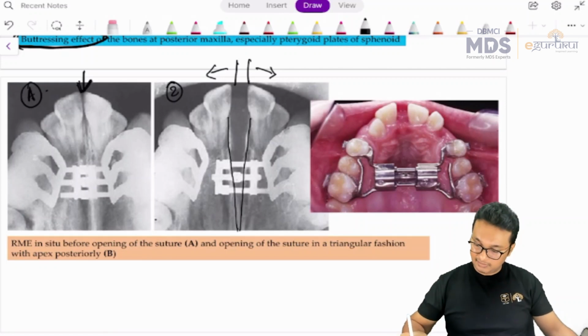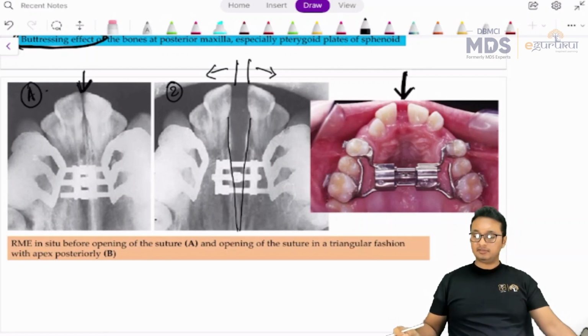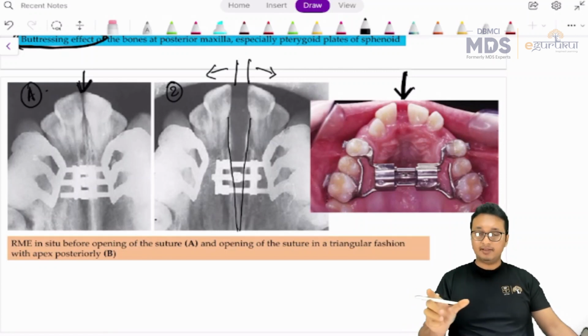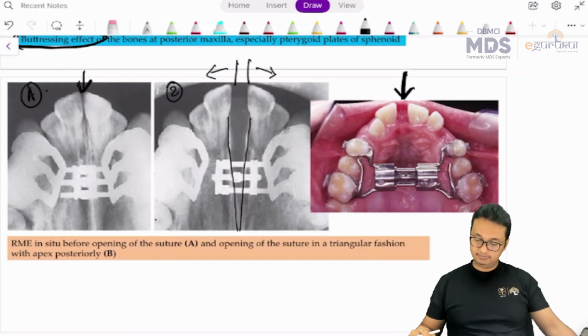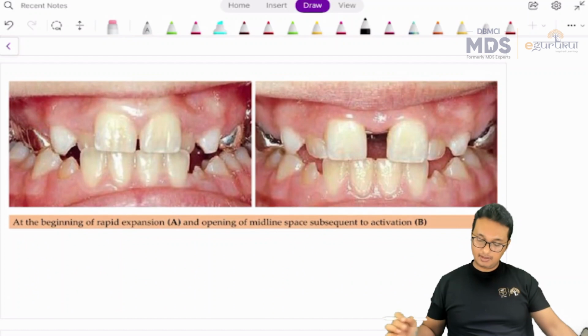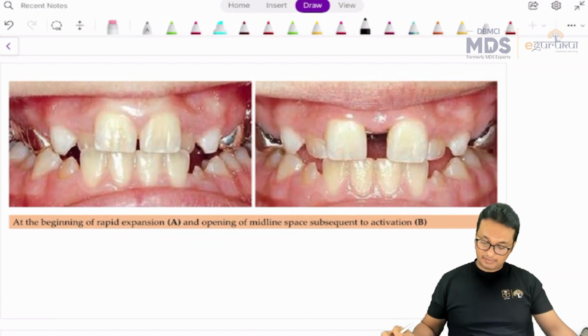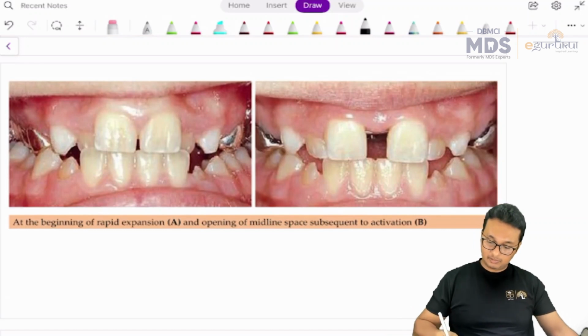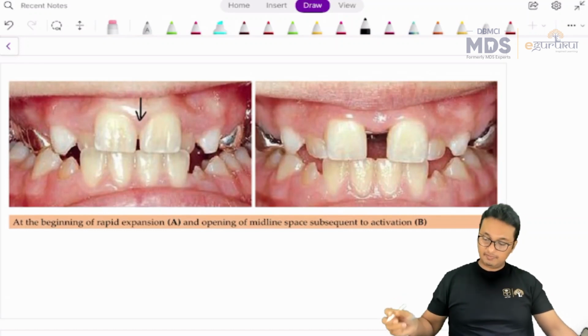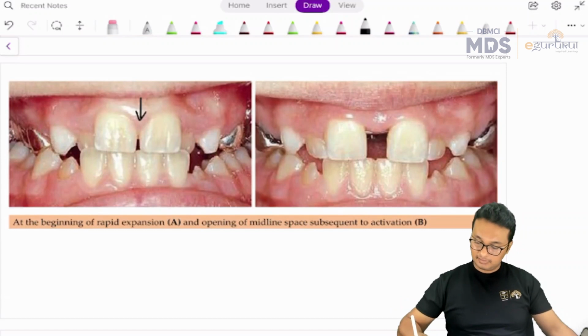As you can see in this figure also, the midline diastema is extremely well pronounced in cases of expansion by the fixed RME appliance. The same patient, whenever we see from the front, at the beginning of the rapid expansion, there is no midline diastema, and whenever the expansion has taken place, there is development of significant midline diastema.